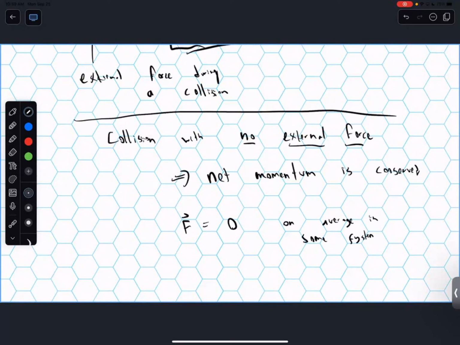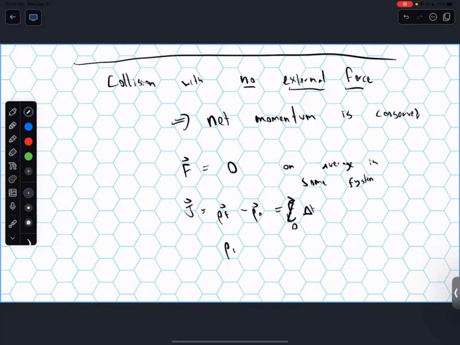That makes sense because if I say that J equals P_f minus P naught, that's equal to F delta T. So if this is equal to 0, then I have the condition that P_f minus P naught equals 0, which means that P_f equals P naught. That's why if you have no external force, momentum is conserved. And this is going to be useful in the absence of force.